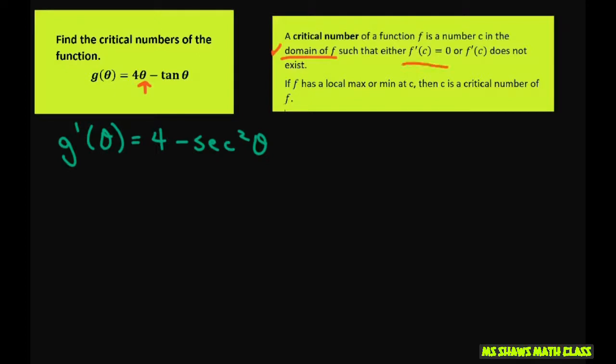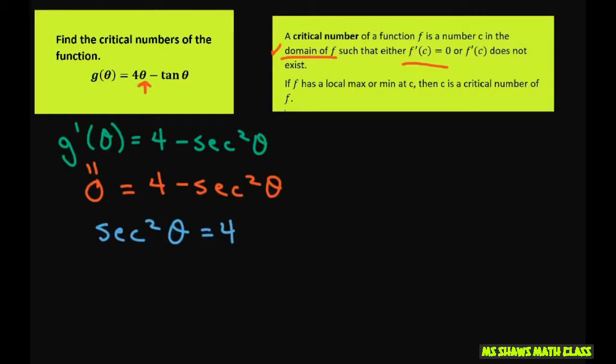Now let's set this to 0, or g prime of theta equals 0, and solve for secant. So we get secant squared of theta equals 4, and if you square root both sides, you get secant, don't forget to put the plus and minus, secant of theta equals plus or minus 2.